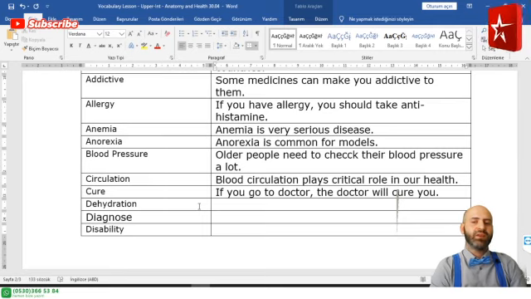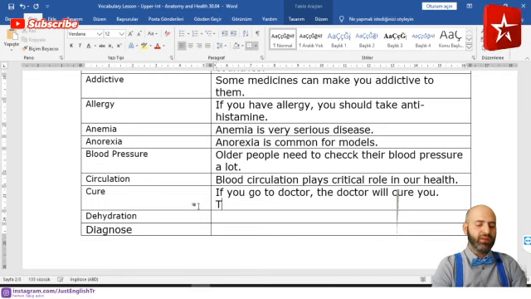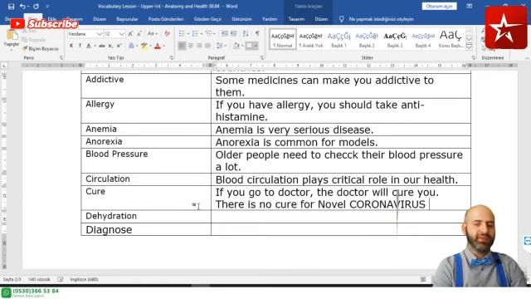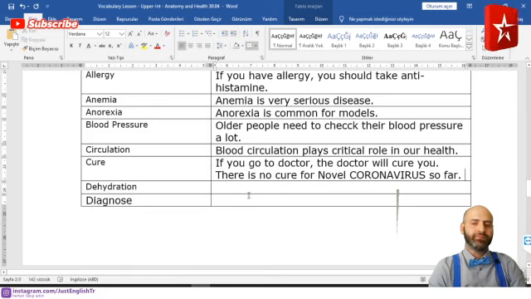This is used as a verb in this sentence. And now let's use it as a noun. There is no cure for novel coronavirus so far. This sentence is not exactly true, guys. Yes, we can argue about it, but as an example, I'm writing it, okay?